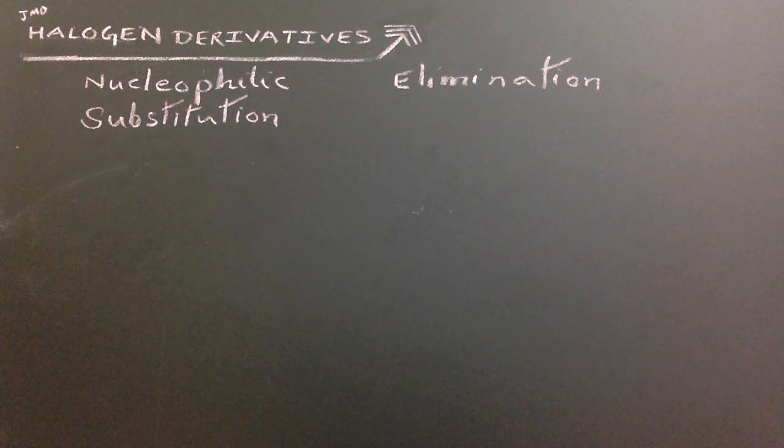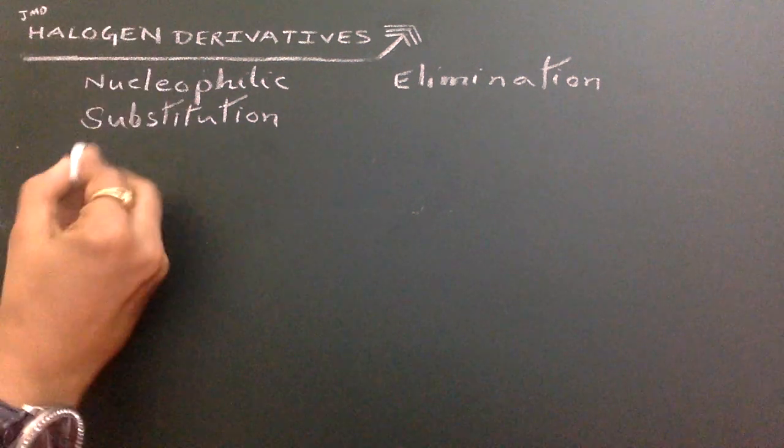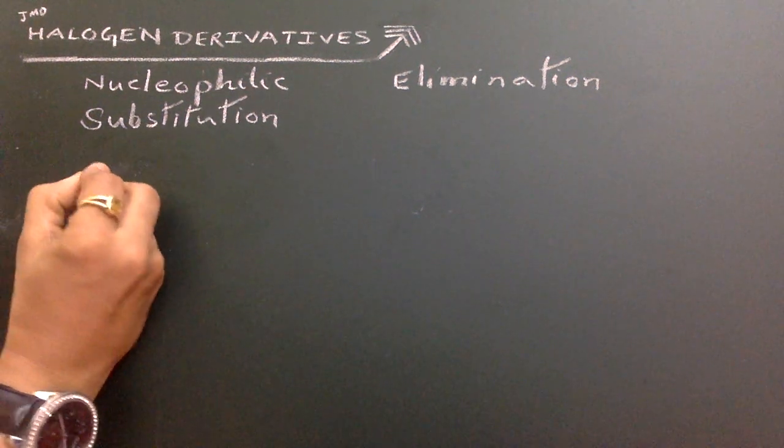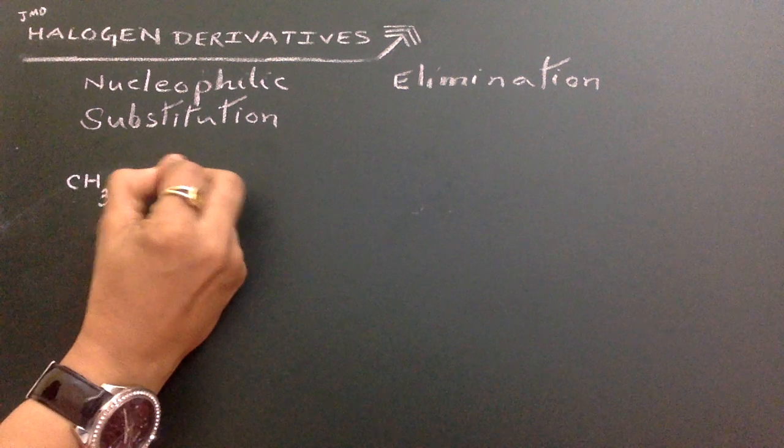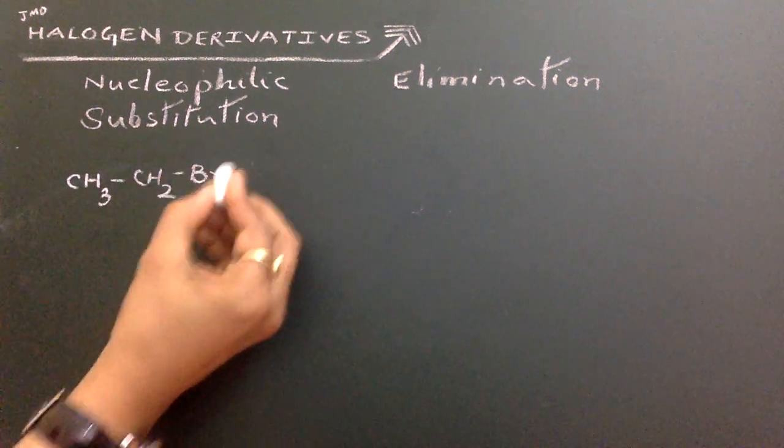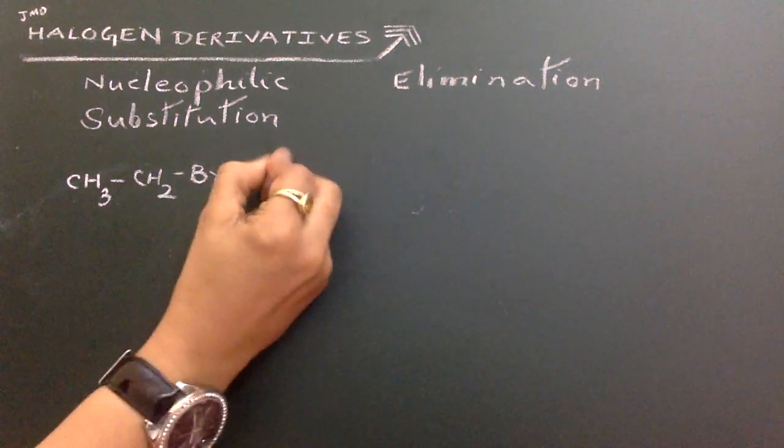So we'll basically stick to alkyl halide as the substrate. Over here, in halogen derivatives, we can take alkyl halides, that is haloalkanes, or we can take aryl halides as the substrate. Say for example, students, I take a molecule of ethyl bromide and I treat it with KOH.